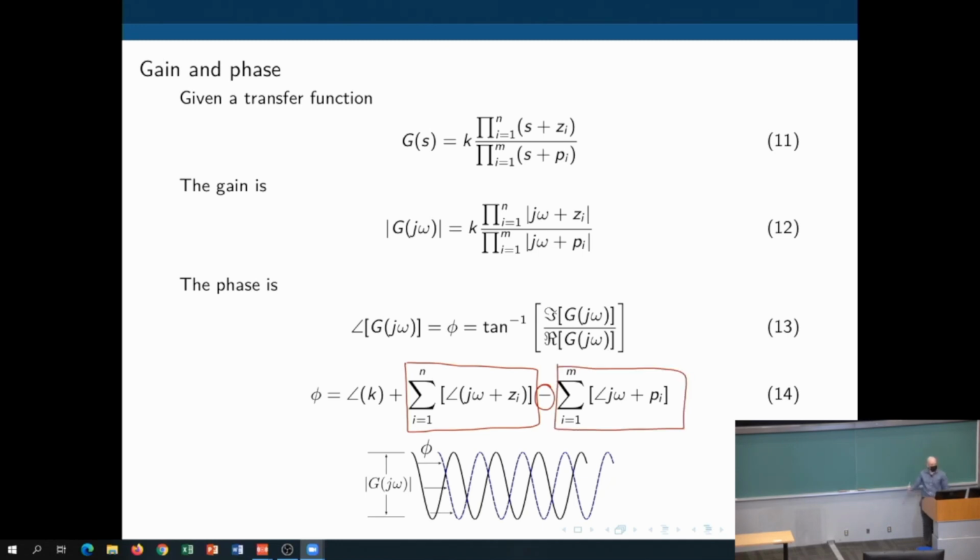We can calculate the individual magnitude and the individual phase. The magnitude of the whole function is the magnitude of all zeros multiplied together divided by the magnitude of all poles multiplied together. And the phase is the phase of all zeros minus the phase of all poles. It's simple. And that gives the phase of the entire transfer function. This is a bit abstract, but you see it's really simple.